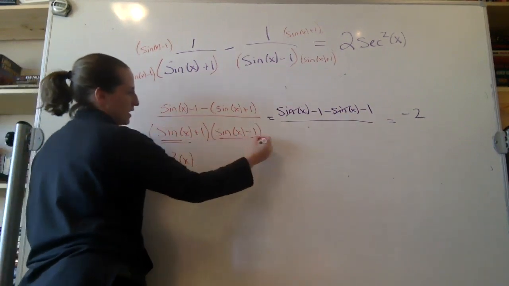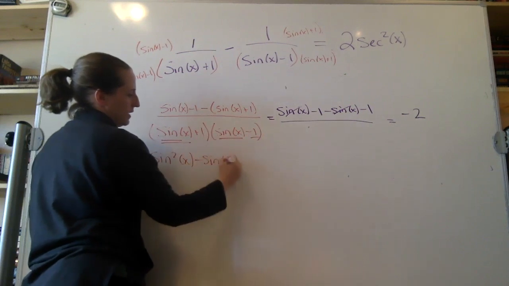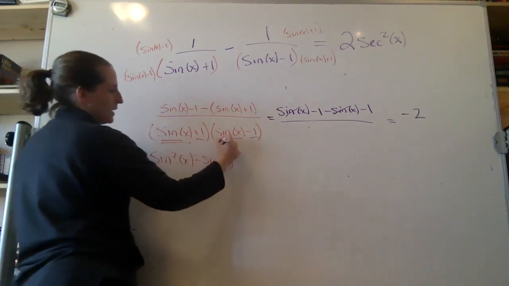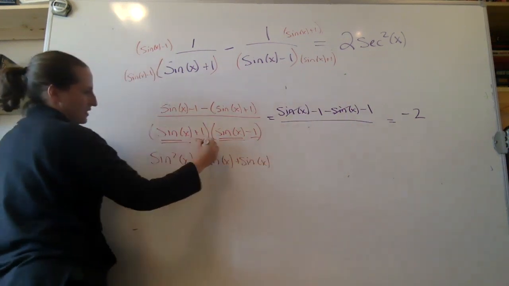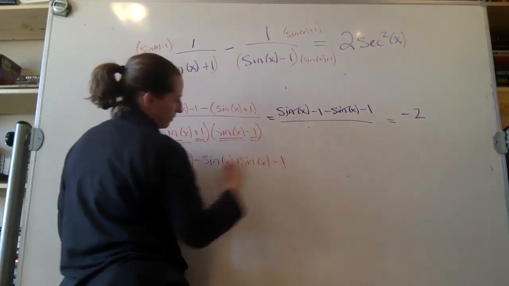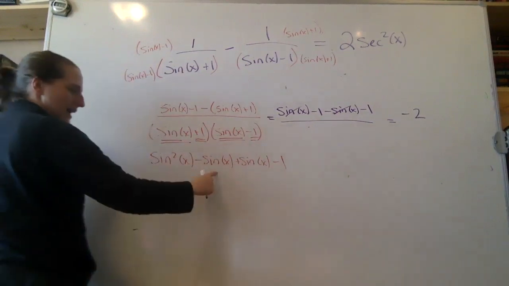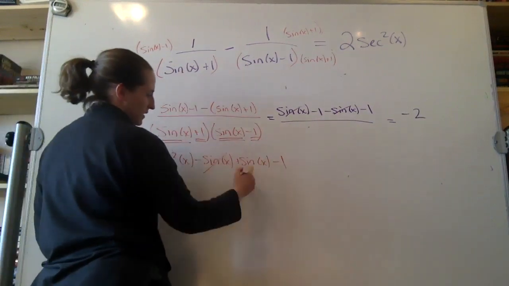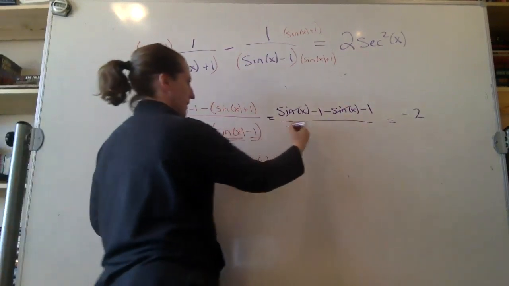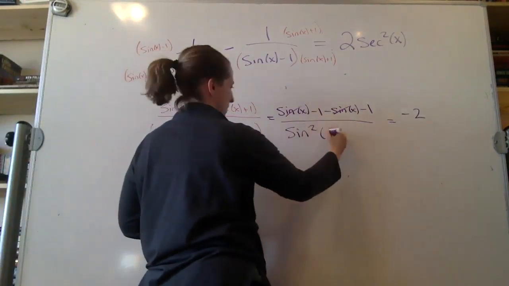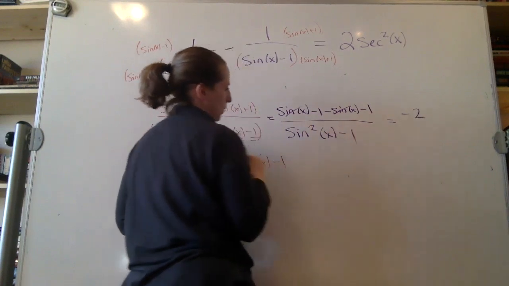Outside, sine of x times -1, negative sine of x. Inside, 1 times sine of x, plus sine of x. And last, 1 times -1, which is -1. I've got a negative sine of x and a positive sine of x. Those cancel, which leaves me with sine squared of x minus 1.